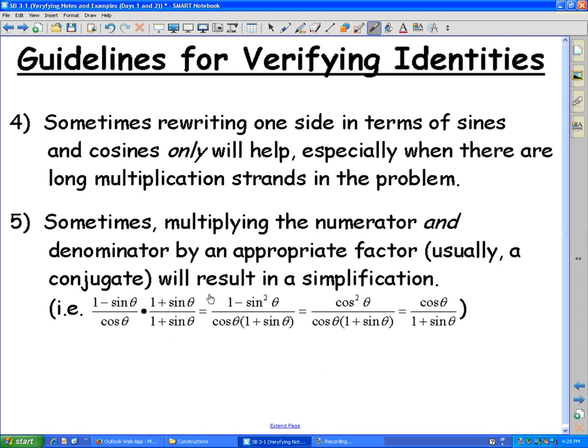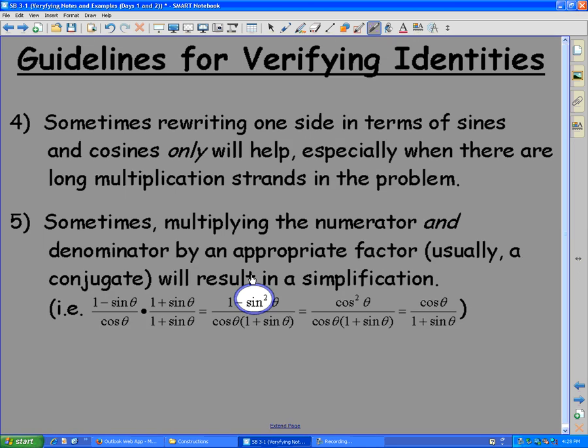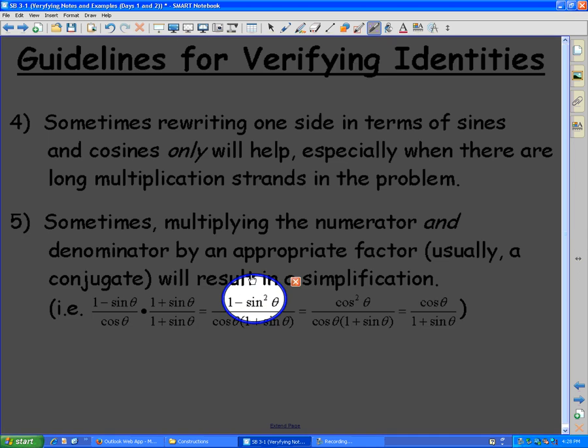And the reason conjugates are so powerful is because when you multiply conjugates together, when you FOIL them out, the middle terms always cancel, leaving you with something that we remember fondly from algebra called the difference of perfect squares. And 1 minus sine squared is something that is substitutable from a Pythagorean identity.